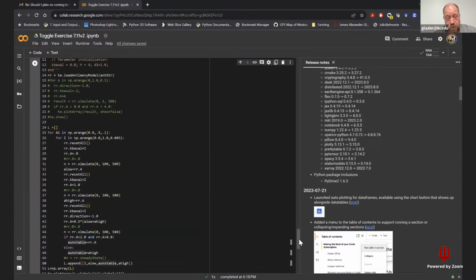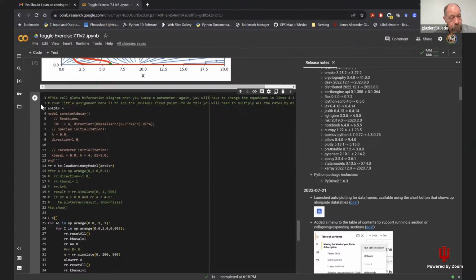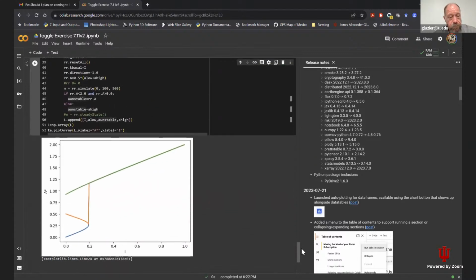So let's see whether that works. I get that. So the lower branch is the stable lower value. The middle branch is the unstable value. And the upper branch is the stable upper value.